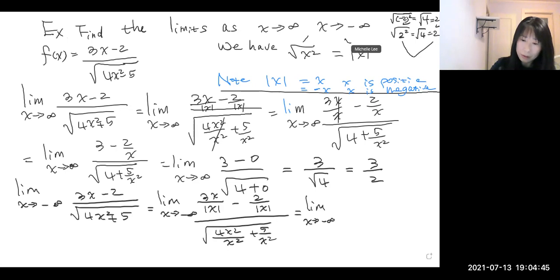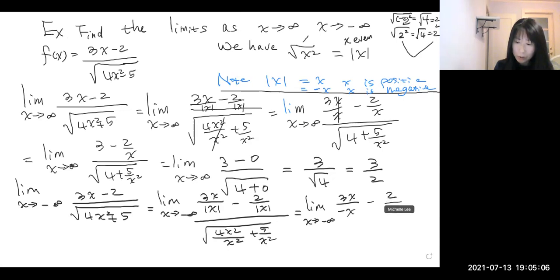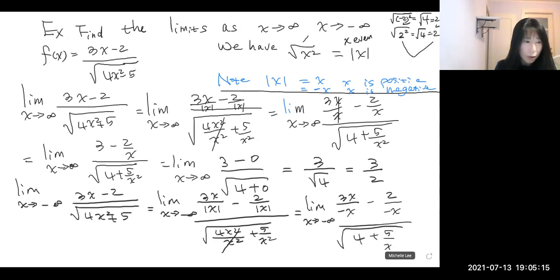All right, then look, there is the 3x over negative x, because for a negative number, by the definition of absolute value, minus 2 over negative x, over the square root of 4 plus 5 over x squared, right?